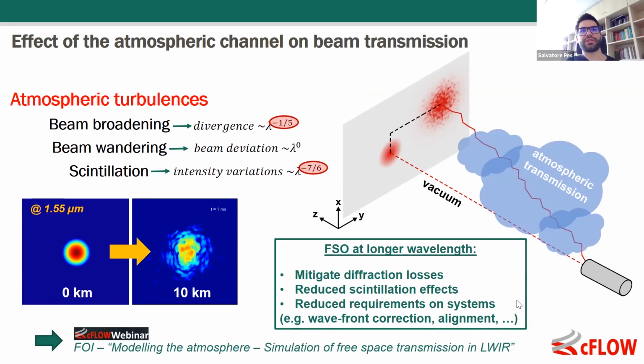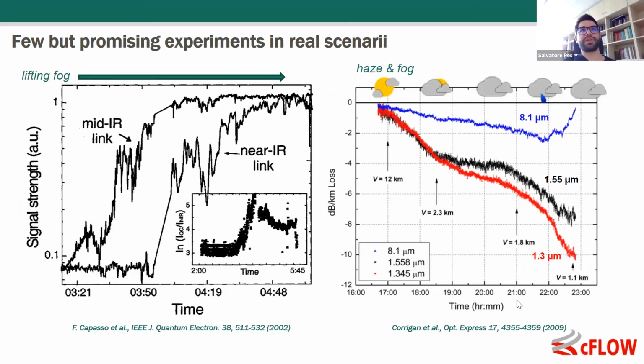There is a lot of bibliography on these effects, but there are also some experiments in real scenarios. For instance, these are two examples. The first one is the analysis of the signal strength versus time during the lifting of fog.